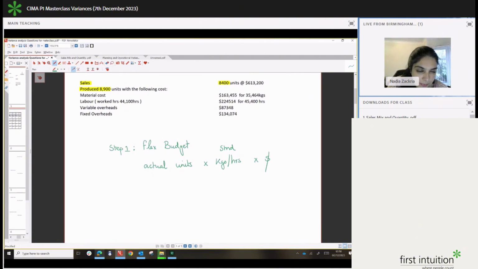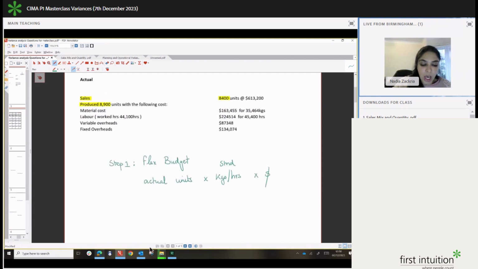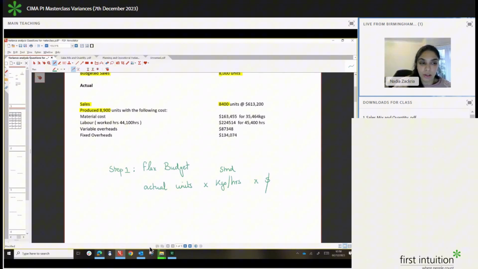Right? Now think about the cost very carefully. Are you going to flex the cost of material, labor, and overheads using the number of units sold or the units produced? What should you do? What would you use? Are you going to use 8,400 or are you going to use 8,900?